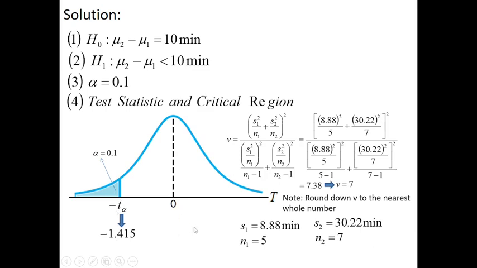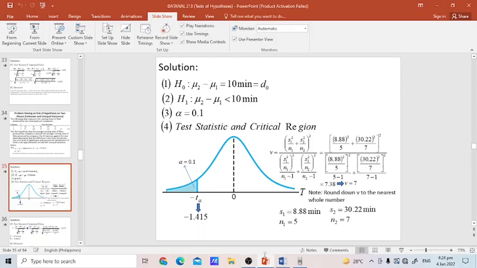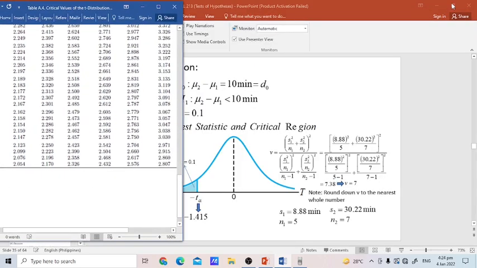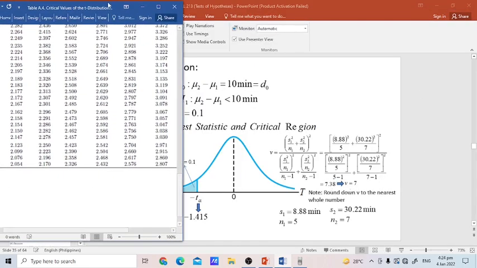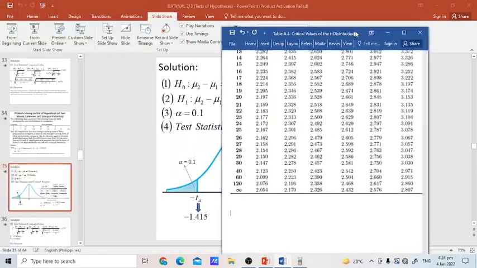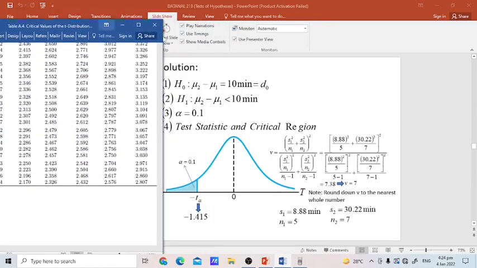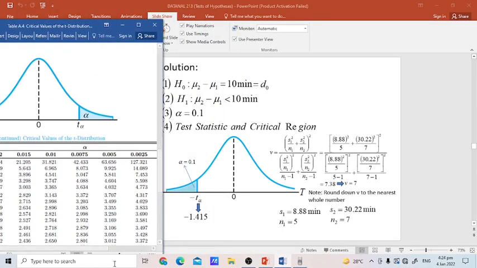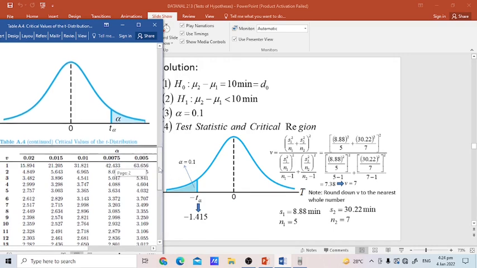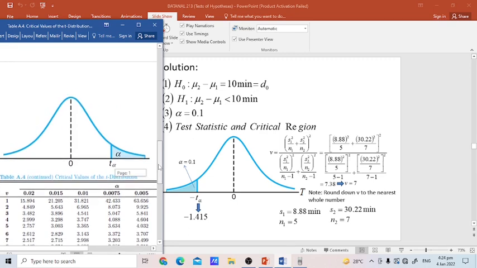So using table 8.4, v is 7, alpha is 0.1.